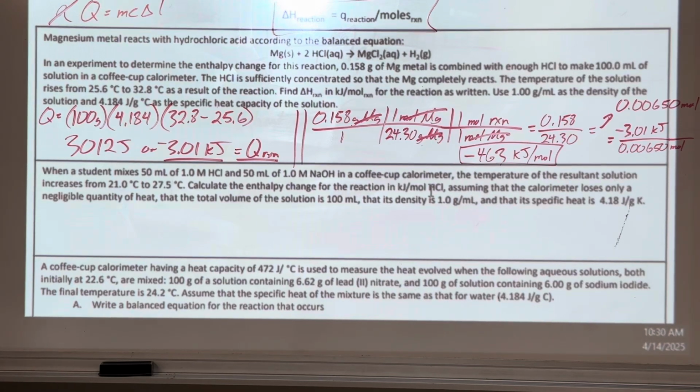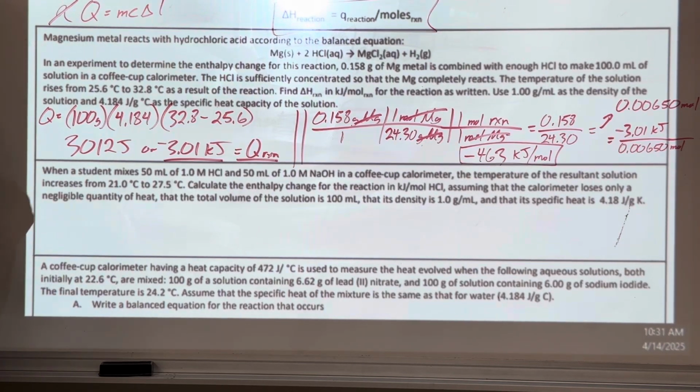Calculate the enthalpy change for this reaction in kilojoules per mole of HCl. Assuming that the calorimeter loses only a negligible amount of heat, we're going to assume that's 0. And the total volume of the solution is 100 mL, 50 from here, 50 from here. Again, the density is 1 gram per mL, just like water. The specific heat's 4.18, just like water.